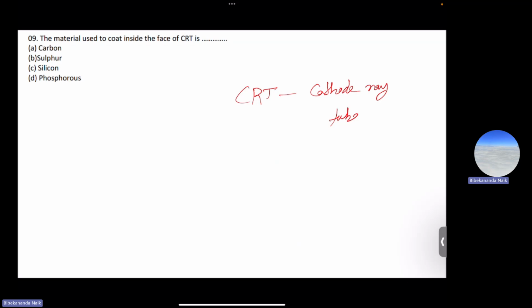So we know what a cathode ray tube is. One of the components of a cathode ray tube is an electron gun, and after the electrons come out, those electron beams are focused by applying voltage across the electrodes. Then in order to deflect the electron beam, because when the electron beam strikes the face of the cathode ray tube, then a point appears on the screen.